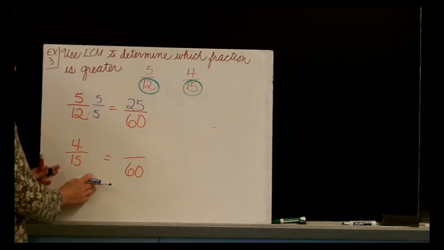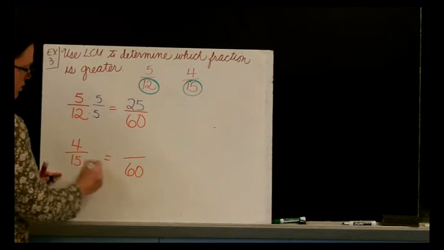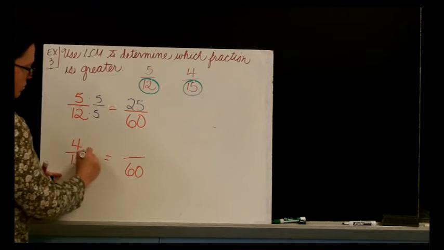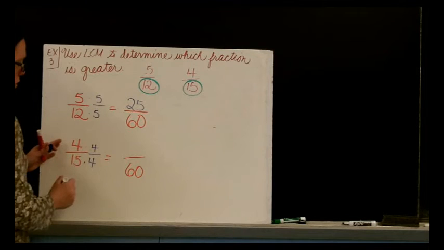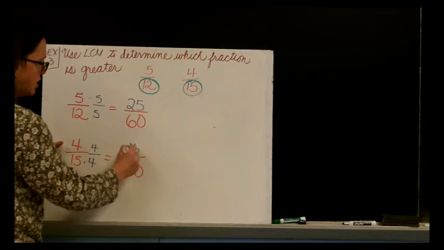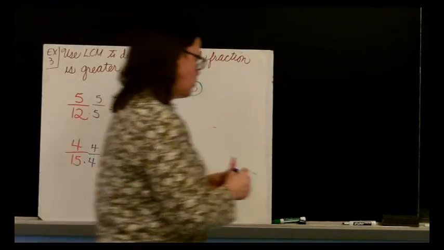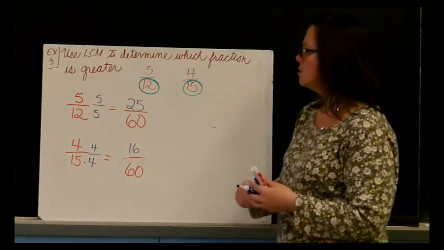And we'll do the same thing on the bottom. We'll see that 15 goes into 60 4 times, which means we're going to multiply 4/15ths by 4/4ths. 4 times 4 equals 16. So that means that 4/15ths is equal to 16/60ths.